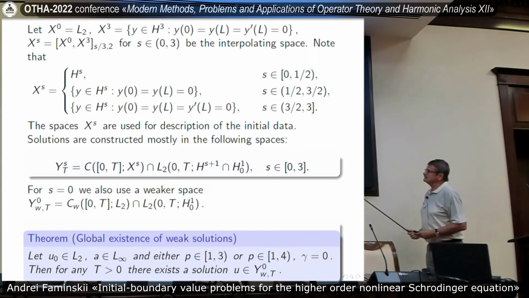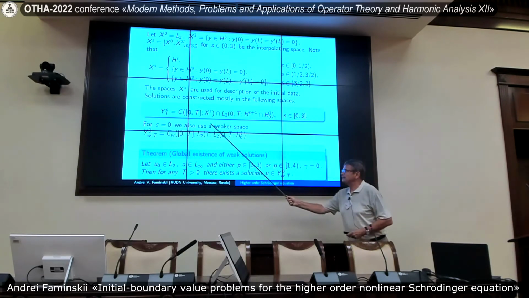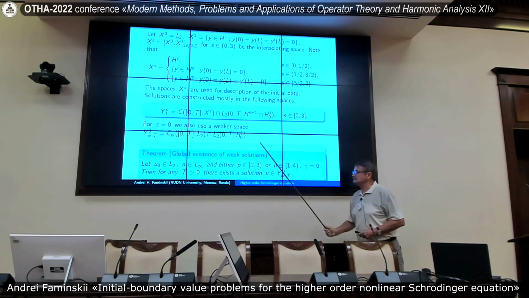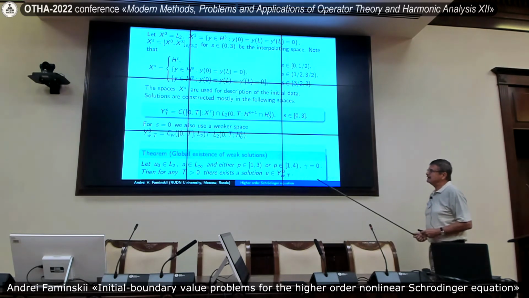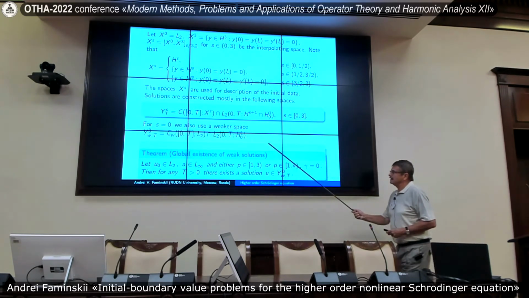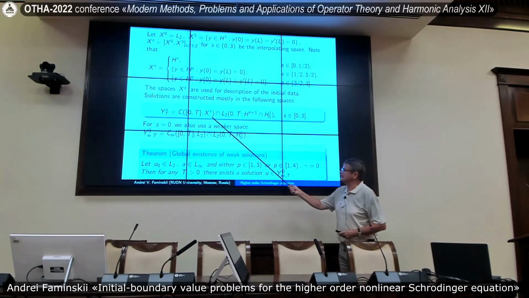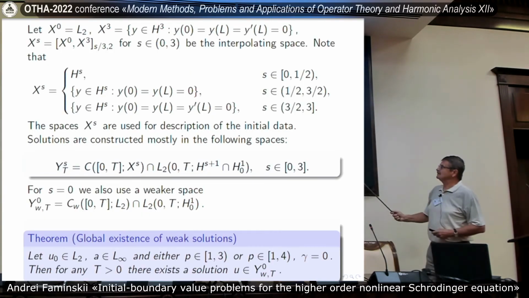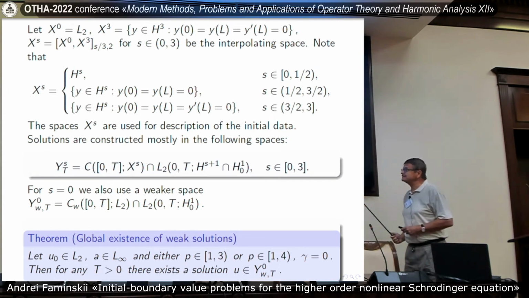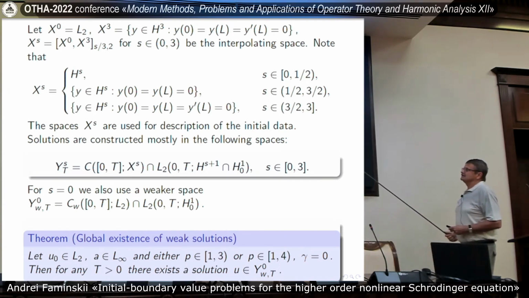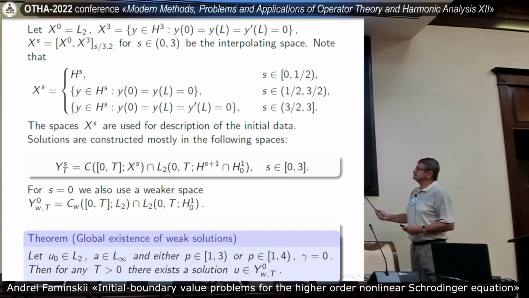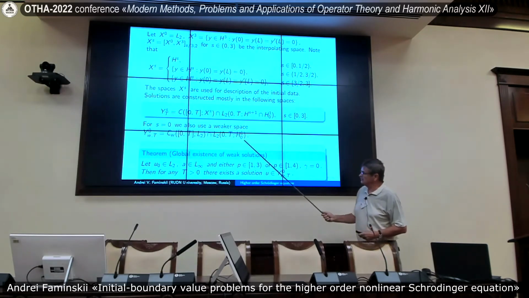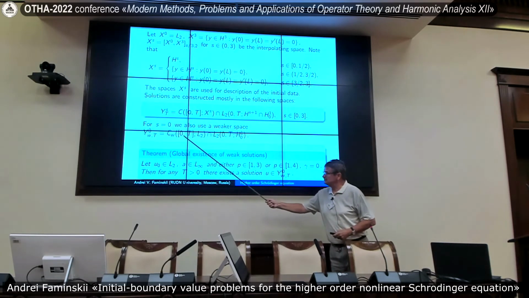And for our solutions, we use the following space. It preserves this space X3 with respect to t, and also has additional smoothness. And in the case s equal to 0, we also use the weaker space. Here, continuity is only weak.